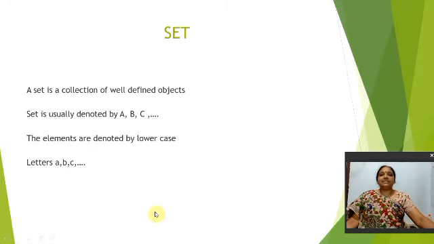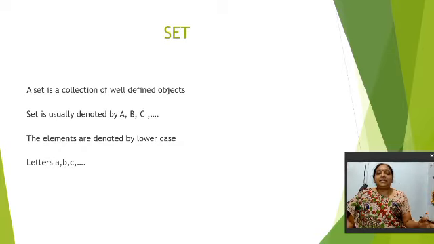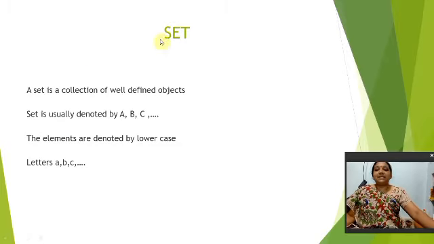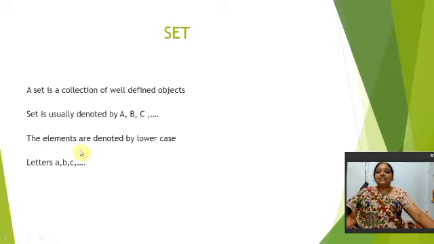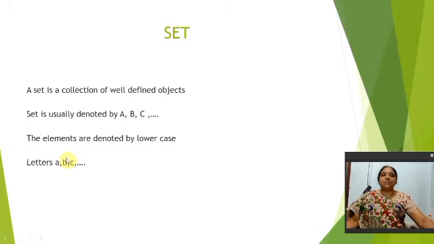First, what is a set? A set is a collection of well-defined objects and it is usually denoted by capital letters like capital A, capital B and capital C. The elements are denoted by lowercase letters small a, small b and small c.